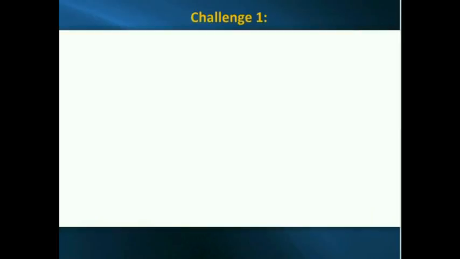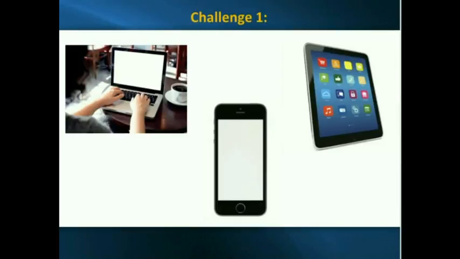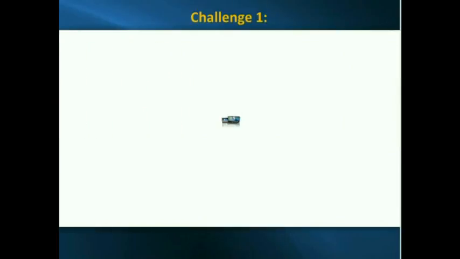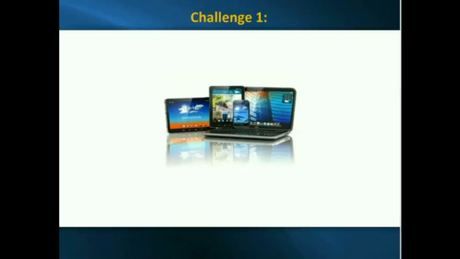People not only have different platforms and devices such as a laptop or a cell phone or a tablet. Sometimes people have multiple platforms. They may own a laptop and a smartphone and a tablet, and they may be receiving information on all three of these devices.